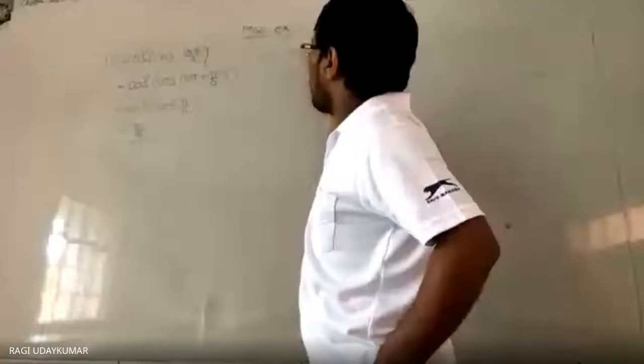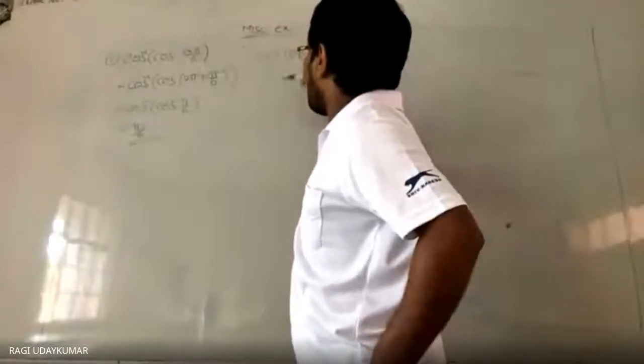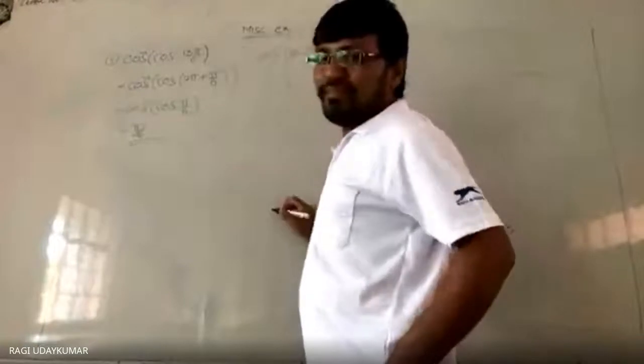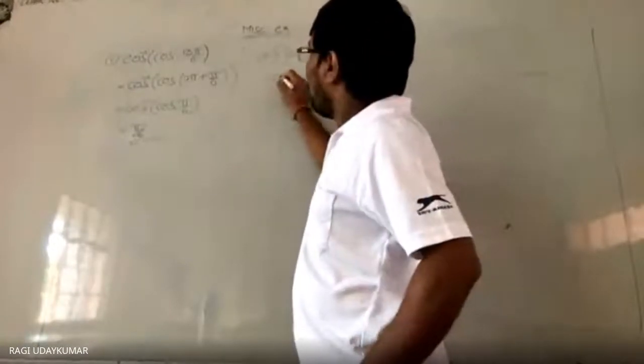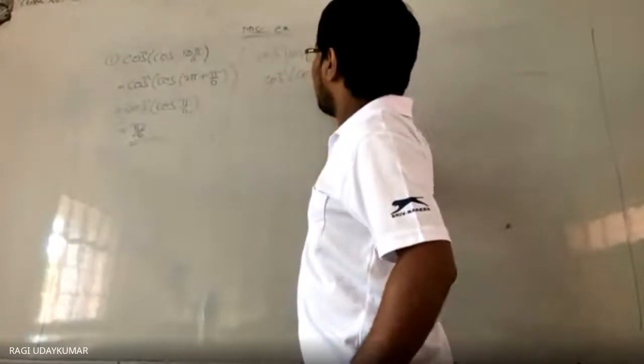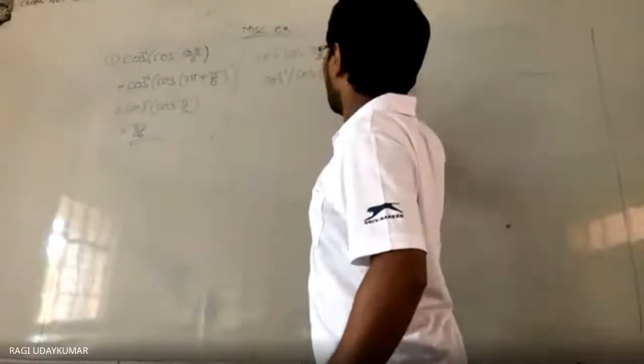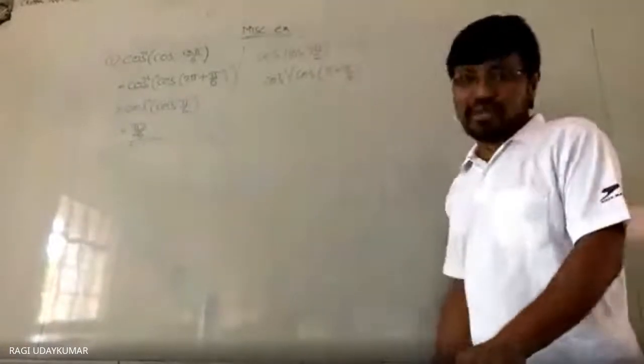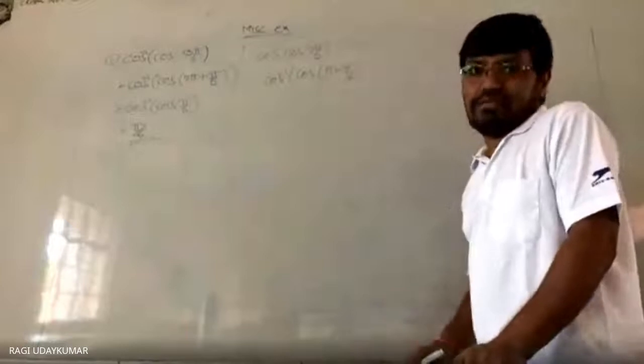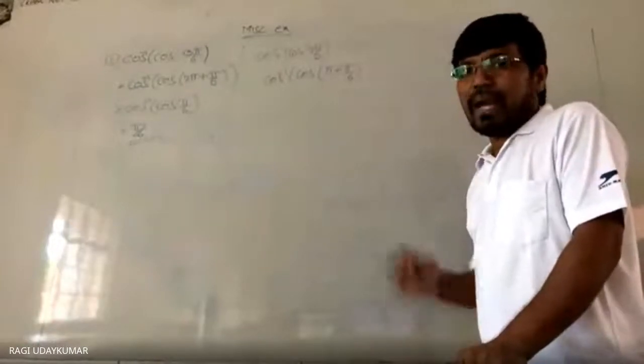In the previous problem we had cos inverse of cos 7 pi by 6. Suppose it is 7 pi by 6, then what do you have? Cos inverse of cos of pi plus pi by 6, if you write. But if you write like this, what will happen?